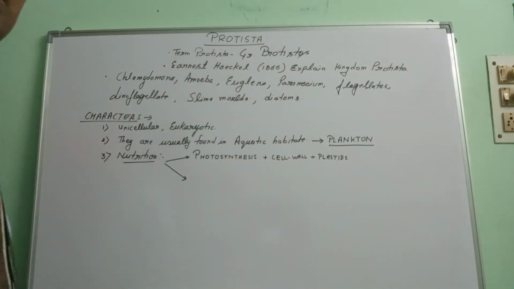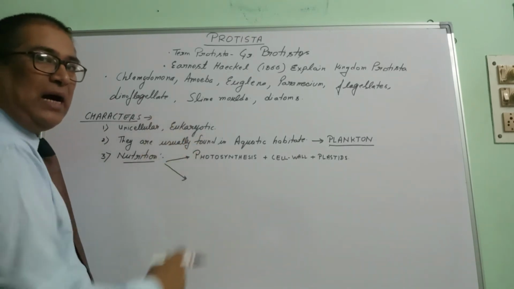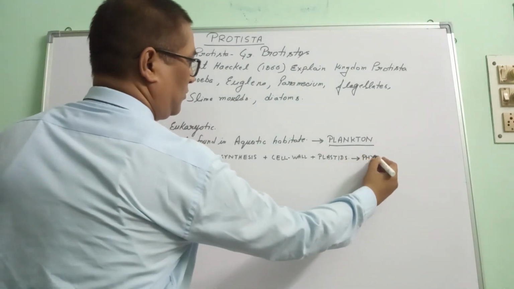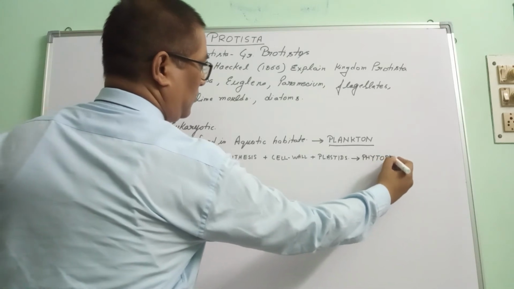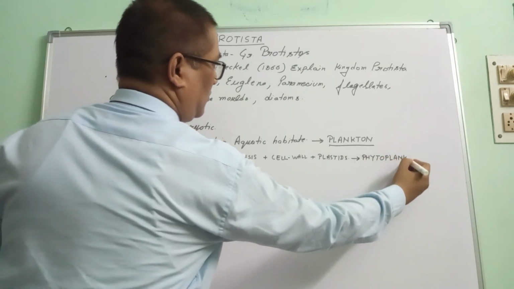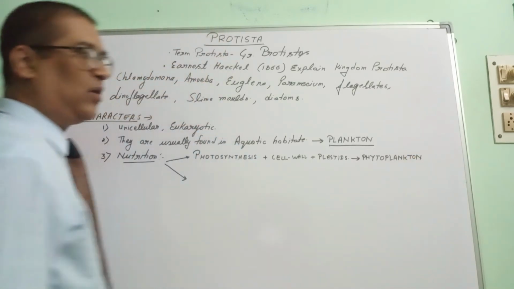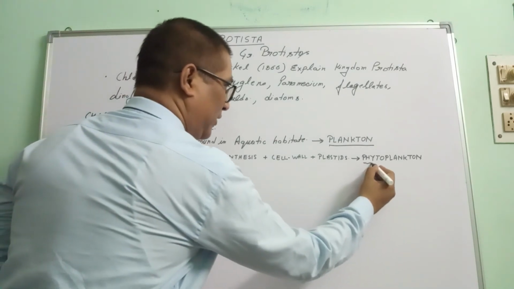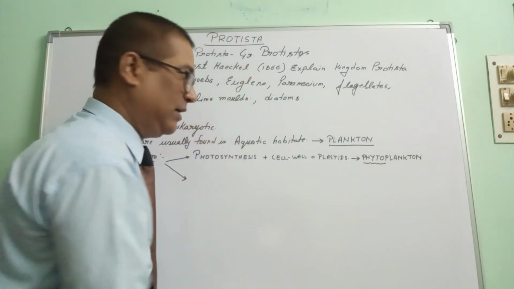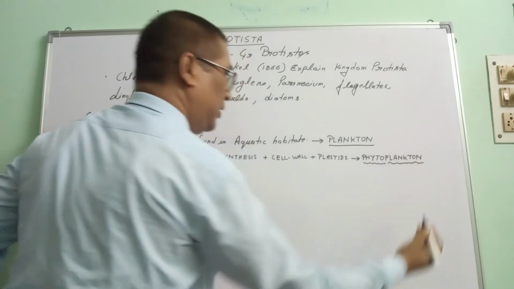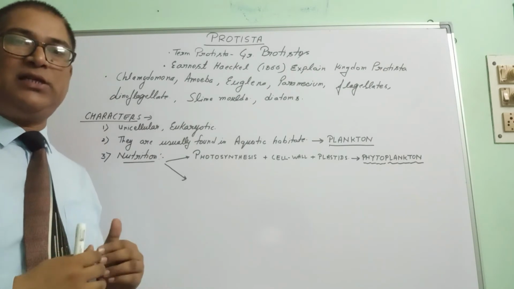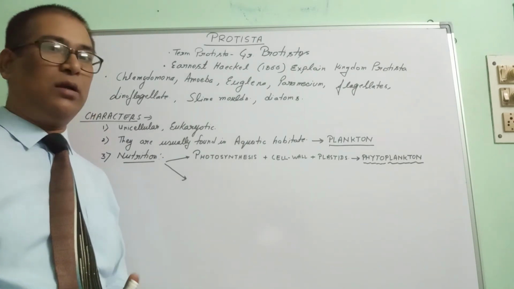Such protistans are known as phytoplankton. Phyta means plant. Plankton are generally free swimming in the aquatic region, maybe on the surface of the water or inside the aquatic region.